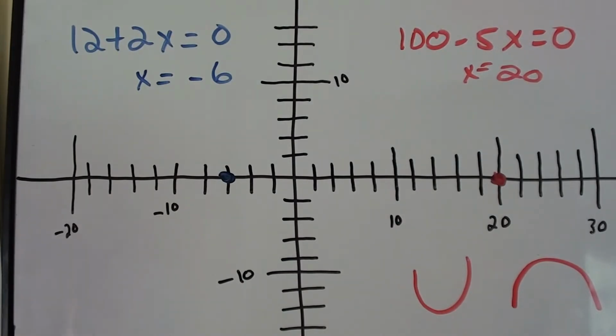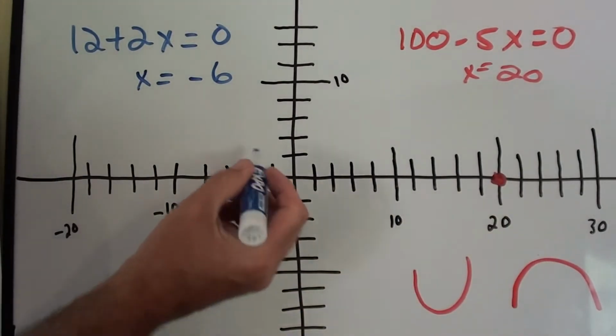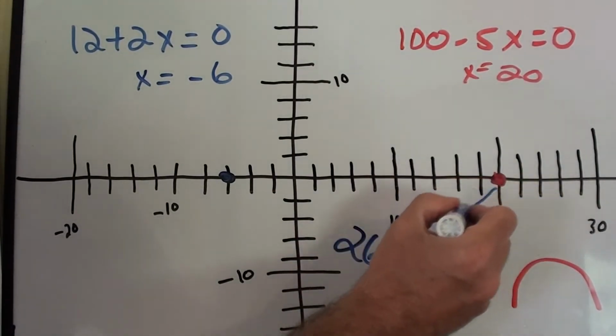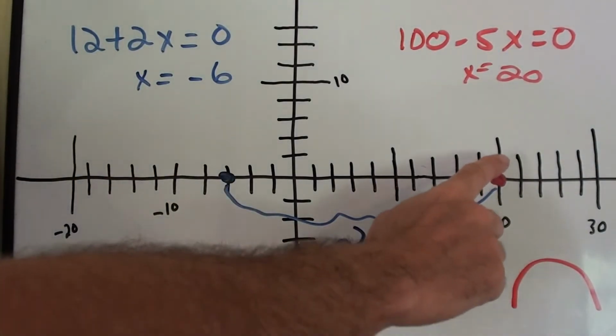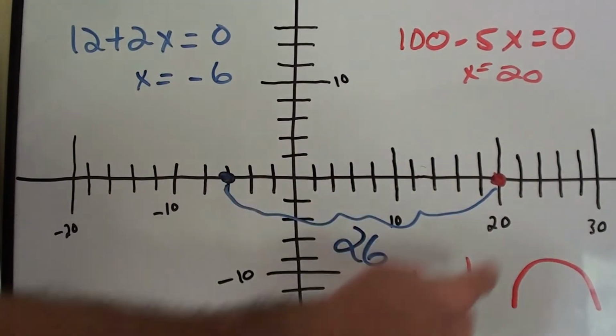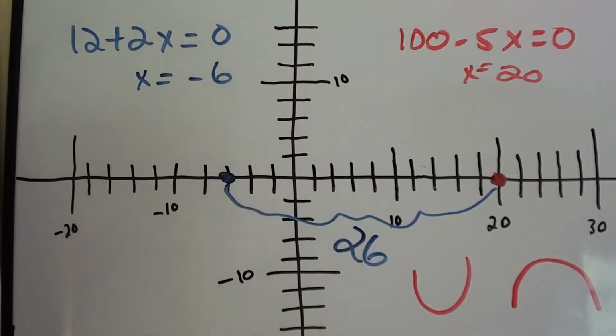So now we need to find the halfway mark. Okay? So, this is a total of 20 and 6. So that would add up to 26. All right, we know that there are 26. So we're looking in a parabola. We know that the midway point is the vertex. Okay?